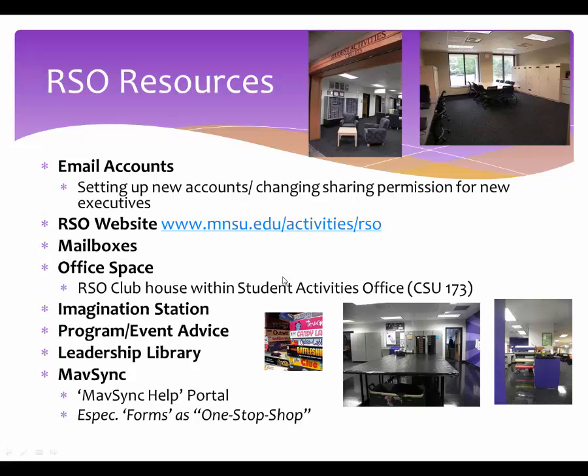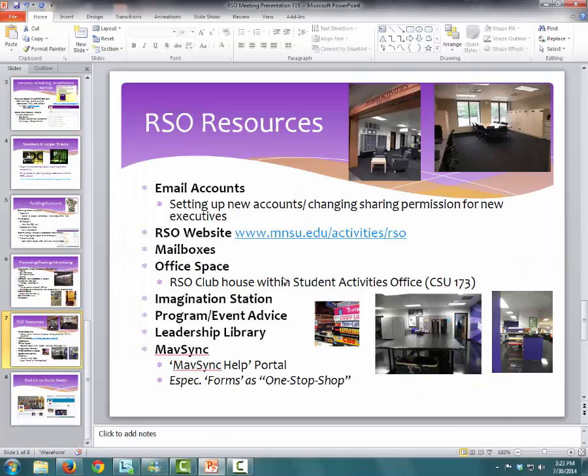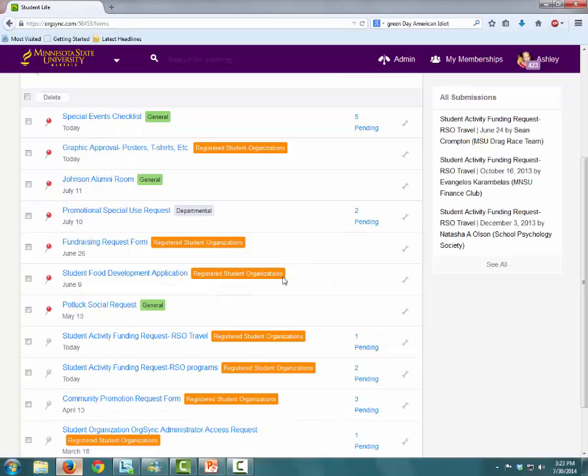Finally, the Forms section underneath your organization's portal is the one-stop shop for all forms that you need to complete on campus. So I'm going to go ahead and show you an overview of that now. As seen here, we've got the special event checklist.